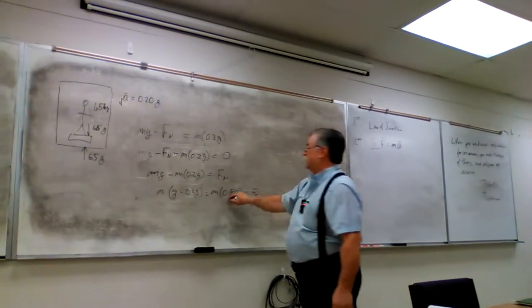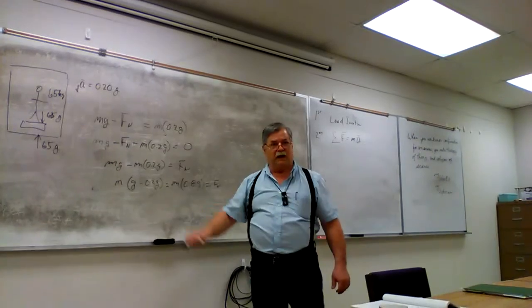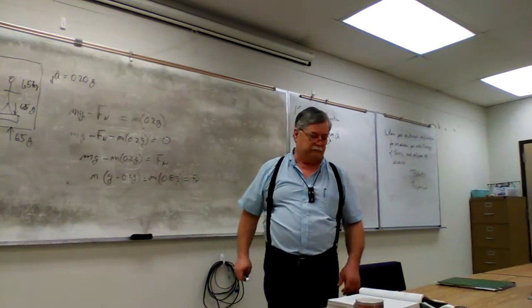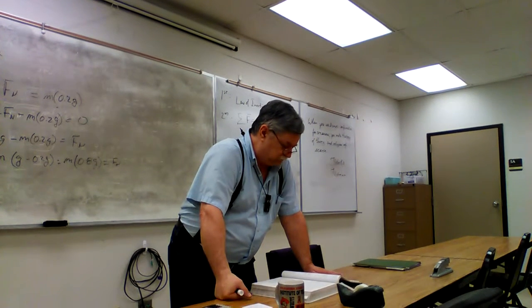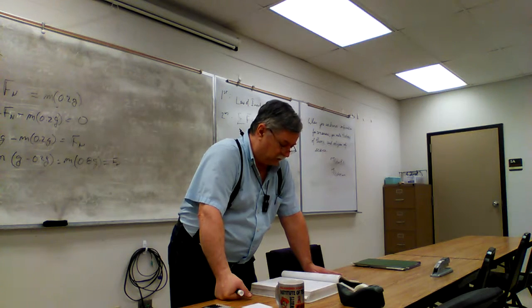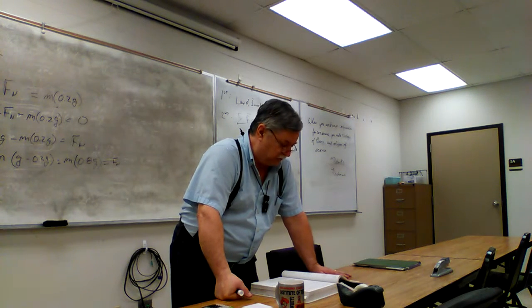Mass times gravity times 0.8, where mass times gravity is their normal weight. Yeah, and they say right here that the direction of acceleration is downward, so they choose the positive direction as down. Okay, fine.